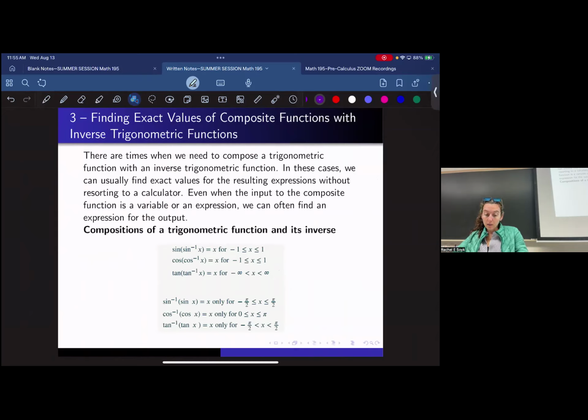Our third objective is finding the exact values of our composite functions with our inverse trig functions. And so this down here is, again, if we're given our inverse function to reverse engineer, we apply sine to our inverse sine, and so on and so forth to get what our x value is. And then if we were looking at it from sine of x perspective, how do we get x all alone?